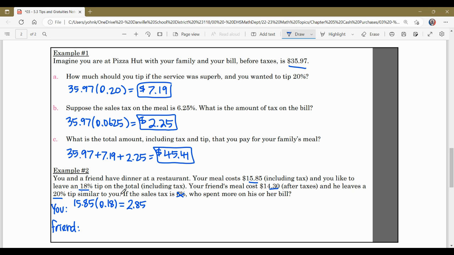Now we're going to find the total by taking the before $15.85 and adding $2.85. This is going to give you, wait for it, it's a big surprise, $18.70.